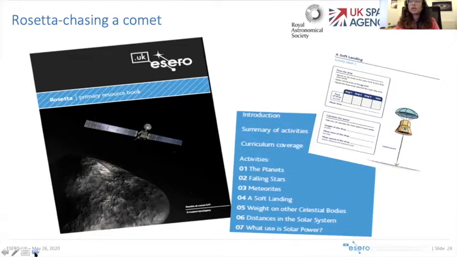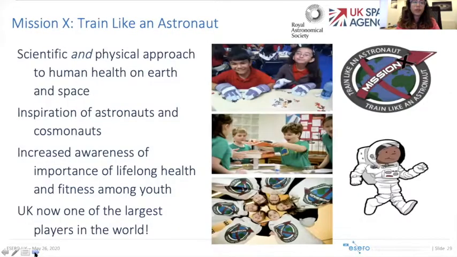Mission X Train Like an Astronaut is one of my favourite things to do when I go into primary schools particularly. It's based around physical education, so PE and science, and using the inspiration of astronaut and cosmonaut training to increase the awareness in young people of health and physical fitness, but also science and teamwork as well.